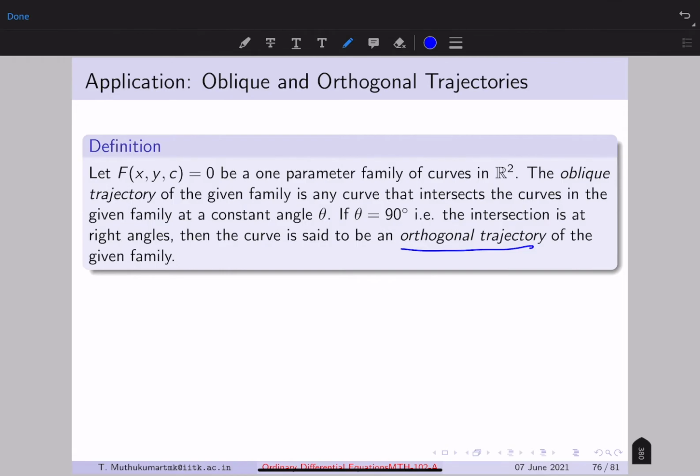Okay, and you must already know that the angle of intersection of two curves is defined as the angle between the tangents at the point of intersection, right? Let me draw a better picture.